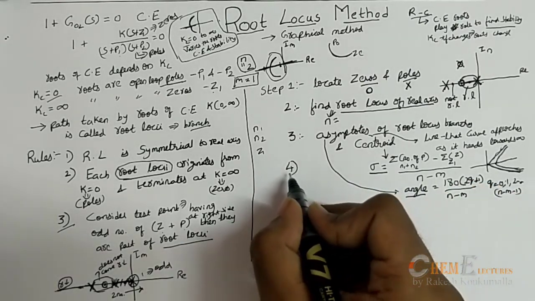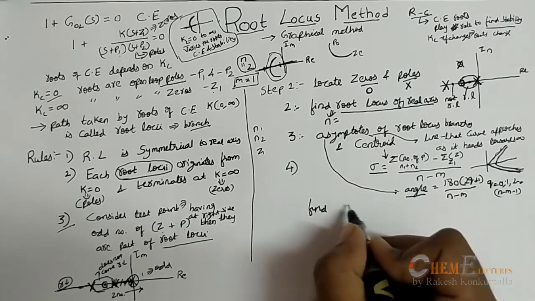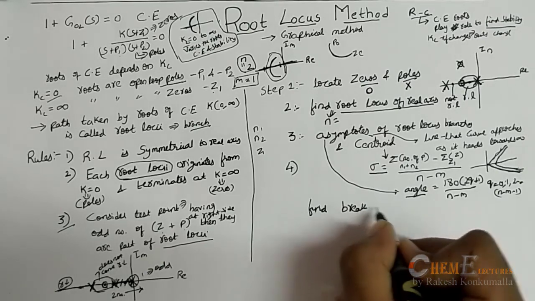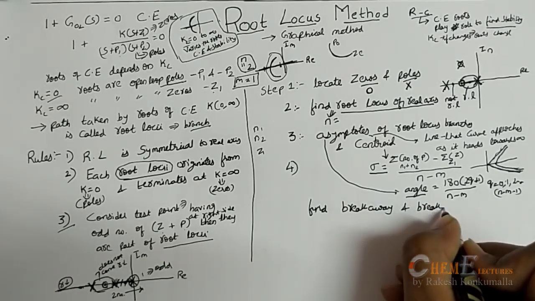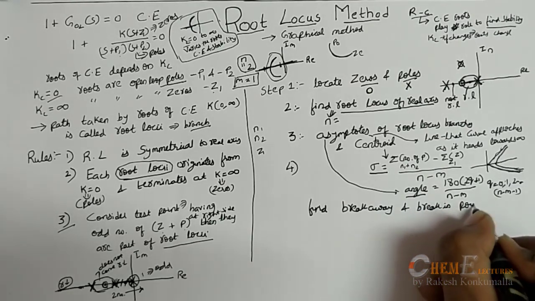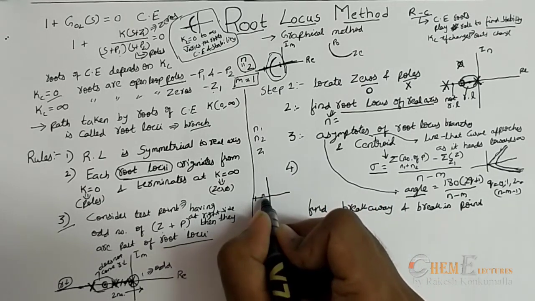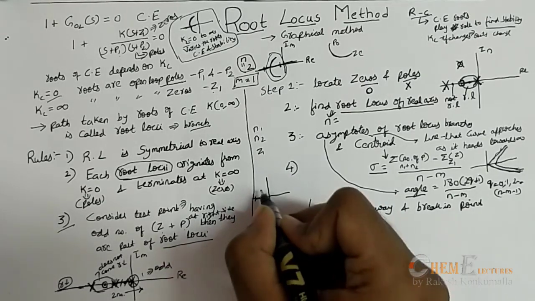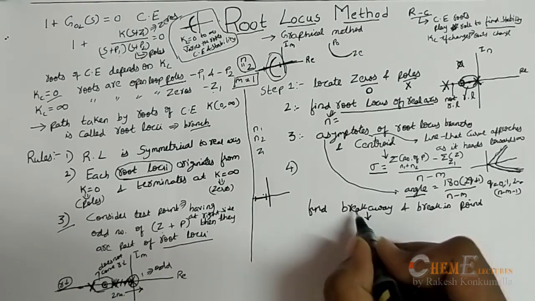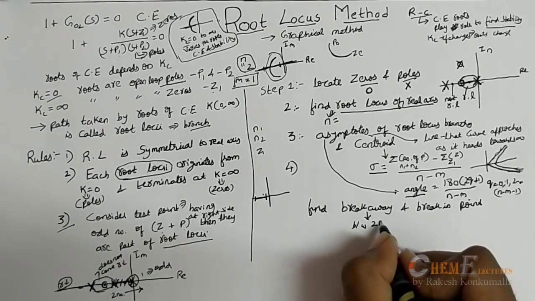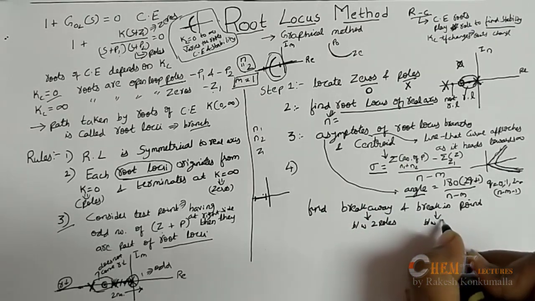Now coming to the fourth point, I need to find breakaway and break-in point. Suppose if I take this as a part of my root locus, then a breakaway occurs between two poles and a break-in occurs between two zeros.